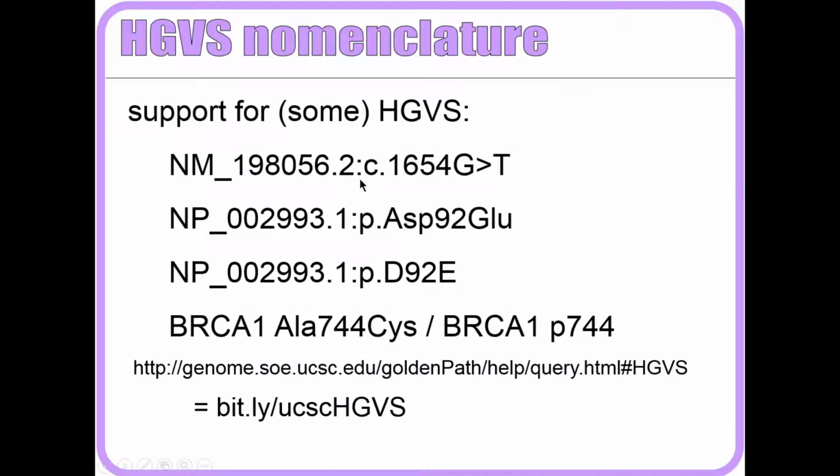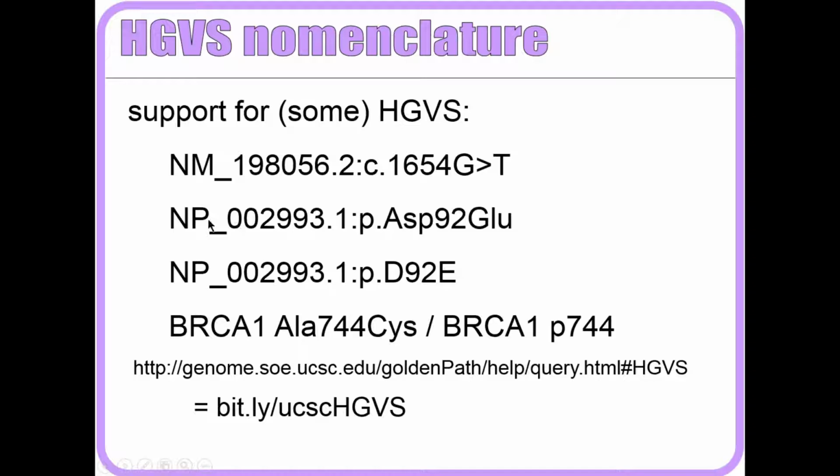And then that identifier is followed by a c, for cDNA, which tells us that this is going to be the nucleotide starting at the ATG as 1, 2, 3, and then it's a G to T change. I'm sorry, I got that wrong. A c is cDNA, so it's going to be a nucleotide change. It's a G to T nucleotide change.